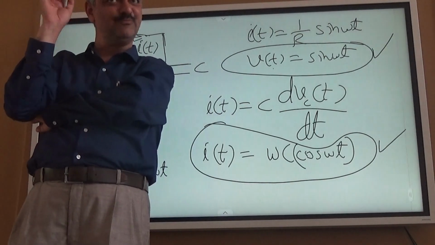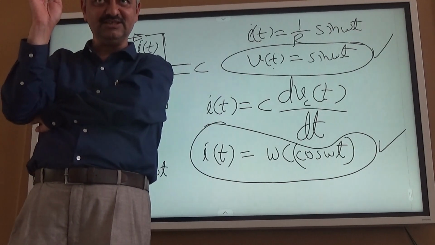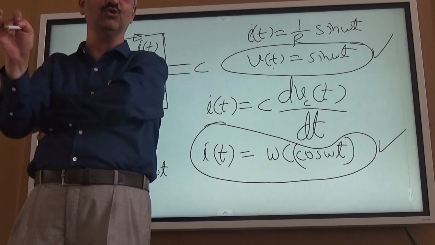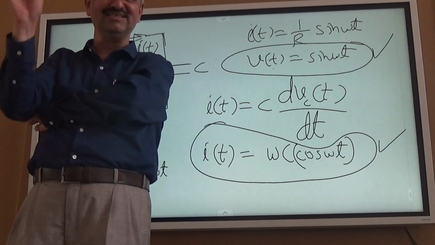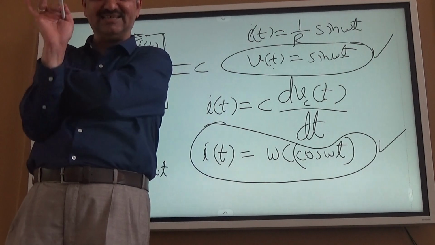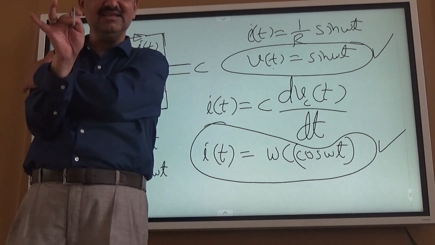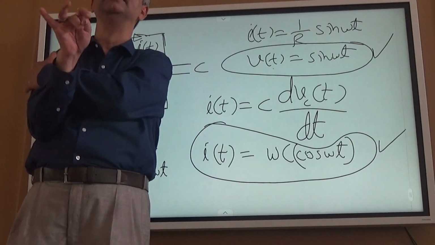When cosine upon sine, when cosine is at plus peak, that time sine value is 0, so it's plus infinity. When cosine is at 0, sine is at maximum, so it's 0. And when cosine is at minus peak, sine is again at 0, it is again minus infinity.